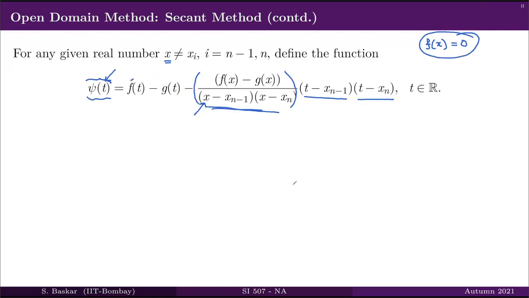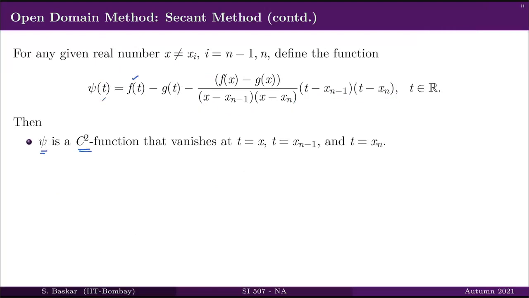Therefore, it's a C2 function. Therefore, you can see that psi is a C2 function, and also you can see that psi vanishes at t equal to x, t equal to x_{n-1}, and t equal to x_n as well. Therefore, roughly you can see that psi graphically looks something like this, right?